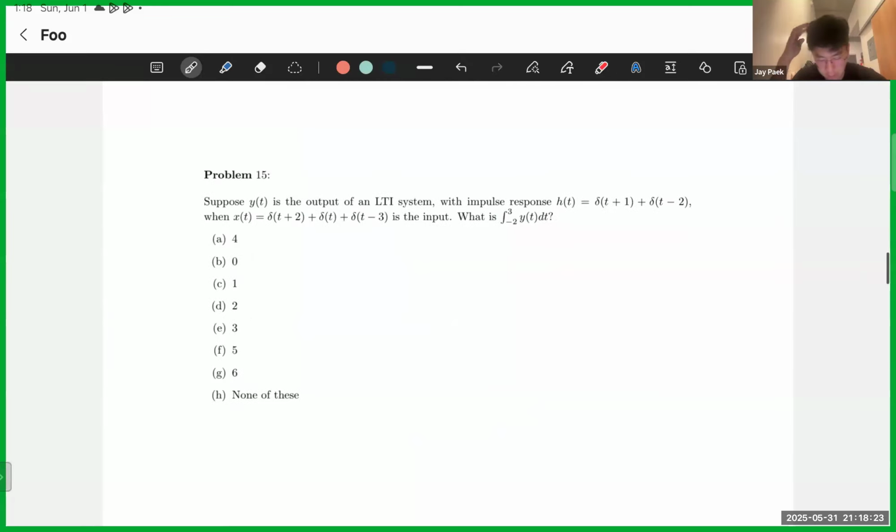Suppose y of t is the output of an LTI system with impulse response h of t, which is just 2 delta functions, there should be a signal here, when x of t is equal to that. What is y of t? Clearly, again, this is a delta function convolution question, and this will hopefully be very easy. We know that y of t is equal to x of t convolved with h of t.